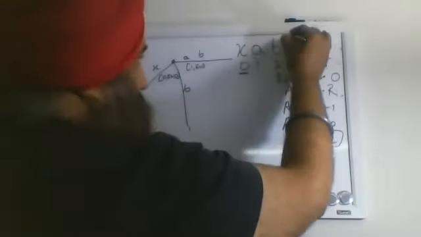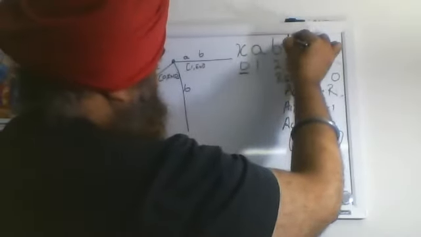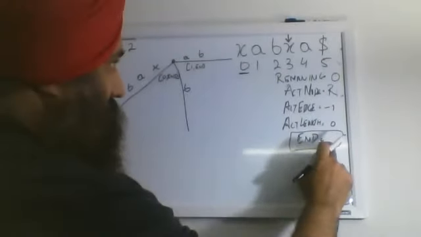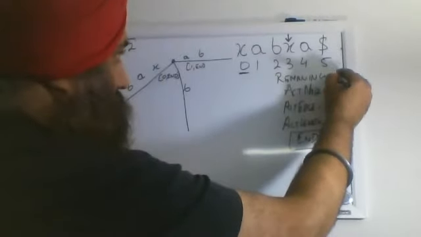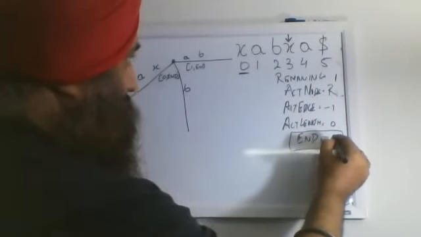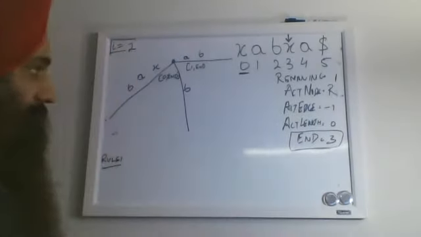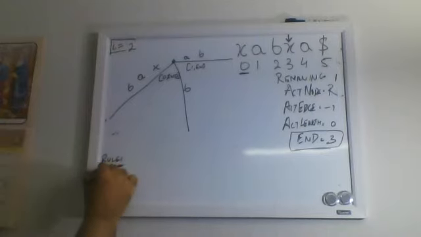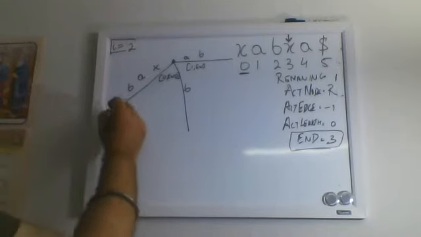Next phase you are here. Now from here the things will become very interesting. First thing is remaining becomes 1. Your end is pointing to x, which is 3. Now rule 1 applies. Automatically all your ends are updated.